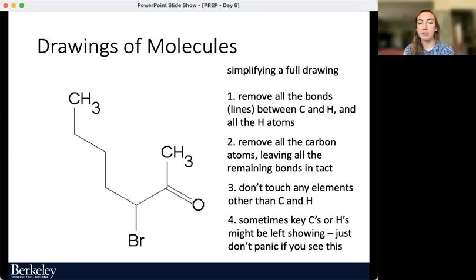So does anybody have any questions on the rules, on how to interpret this, on how to simplify full drawings into line drawings? So all carbons always want 4 bonds. So these 2 carbons have 3 hydrogens.